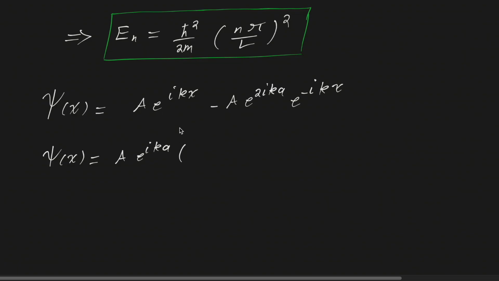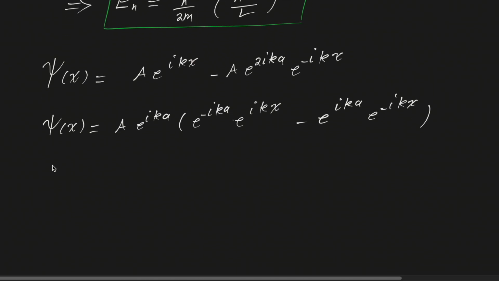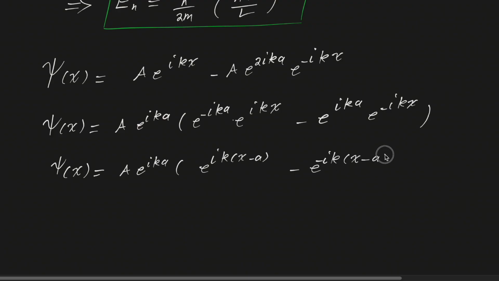The first term doesn't have an exponential ika, so it'll gain a negative exponential ika in order to counteract the constant that we pulled out. And you have exponential ikx, and minus exponential ika exponential minus ikx. You get that psi of x will equal A exponential ika, times exponential ik(x minus a) minus exponential minus ik(x minus a).